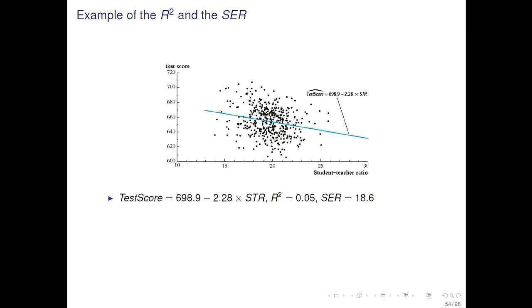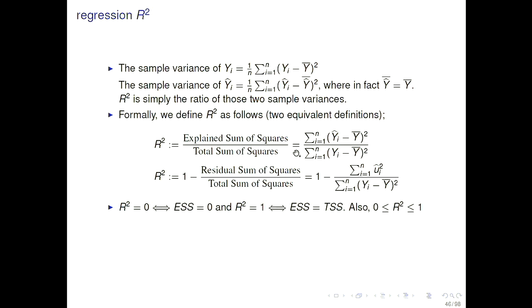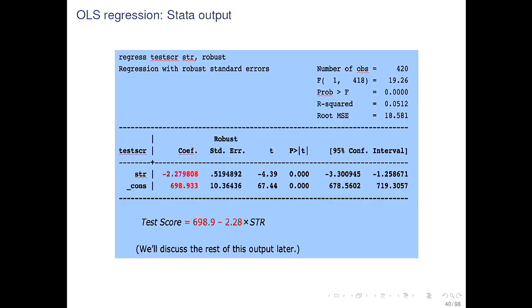So if you look at the computer output like this, you can find R squared over here on the top right corner. R squared turns out to be very small, 0.05, which means, roughly speaking, this is very close to 0.